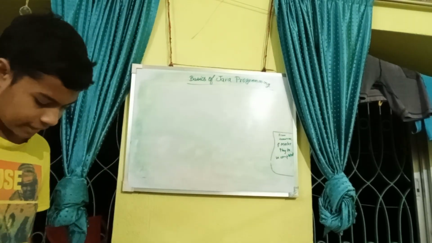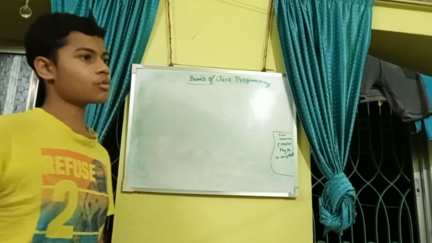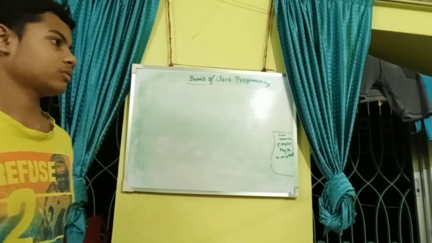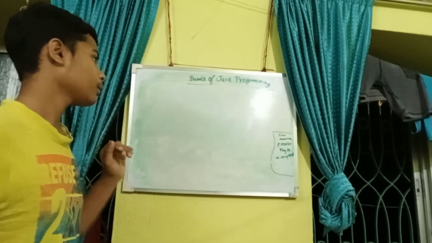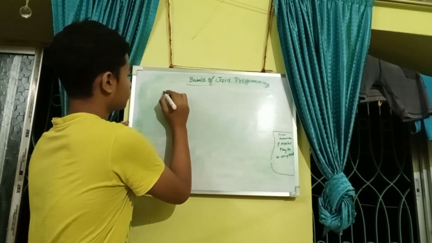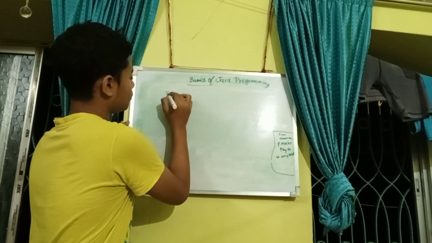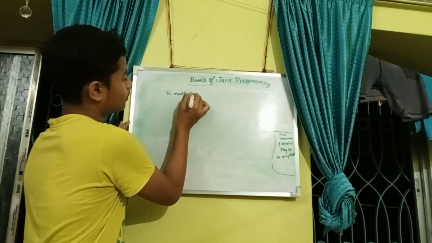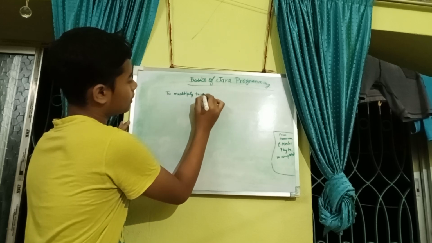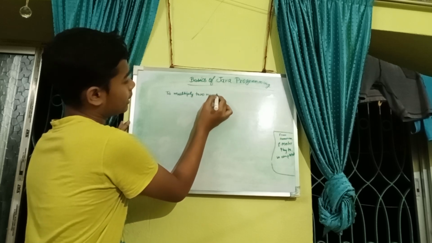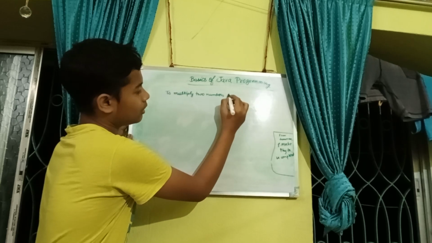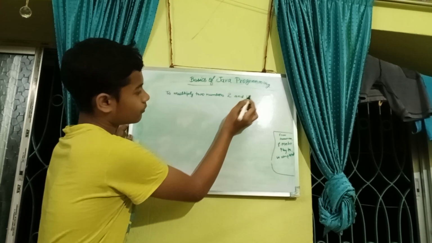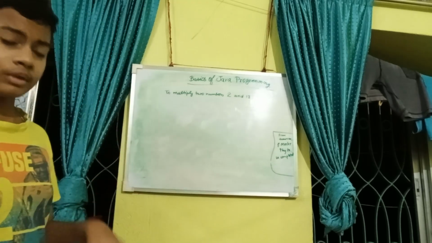Firstly, if you take input, suppose you are doing any kind of mathematical equation, so you have to take two variables. Suppose we are writing a program to multiply two numbers, 2 and 30.